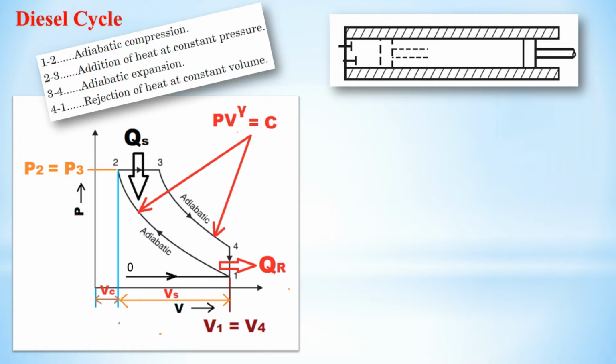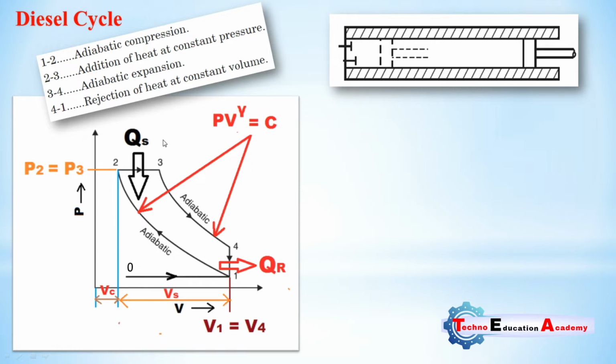Then the 2 to 3 process. Here you can see that throughout the process the pressure remains constant, and the heat supplied takes place, represented by QS. QS is the heat supply and it is considered positive.